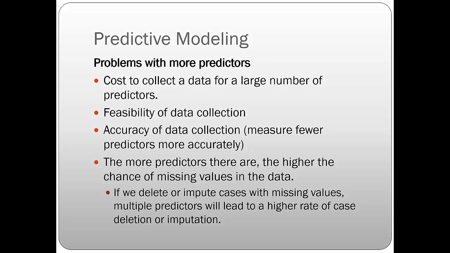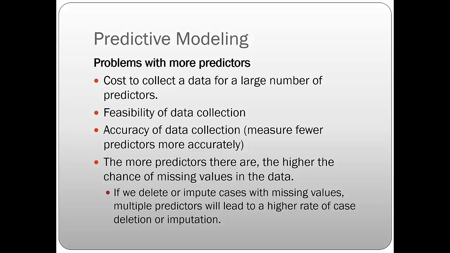And when we collect more data, there's going to be errors in the data. You're not going to get perfect data always. So there will be some accuracy problems. So if you have less number of predictors, you have less headache that way. So just because you have some predictors doesn't mean that you have to use them. You use them only if it will increase your predictive ability, predictive accuracy.